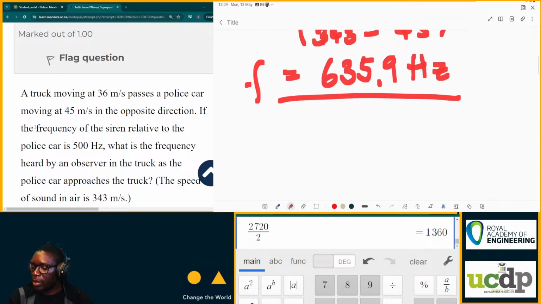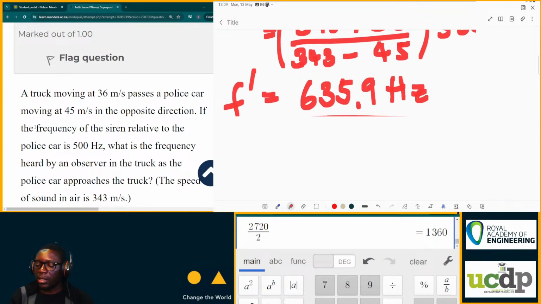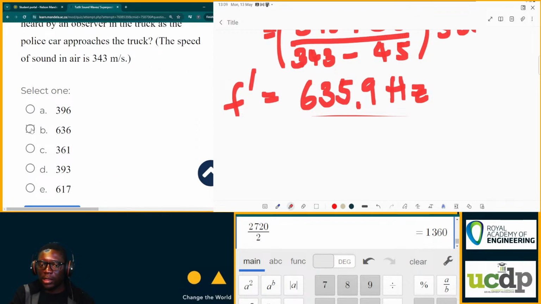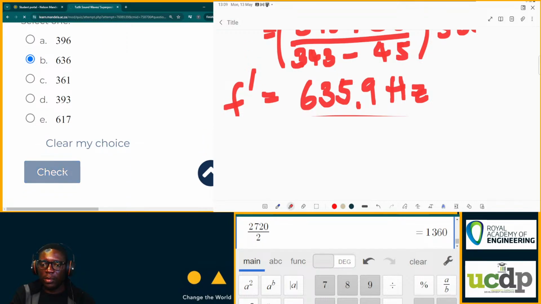So this becomes the observed frequency, and that will give you 636 if we round it to 3 significant figures. And 636 is B, which should be correct.